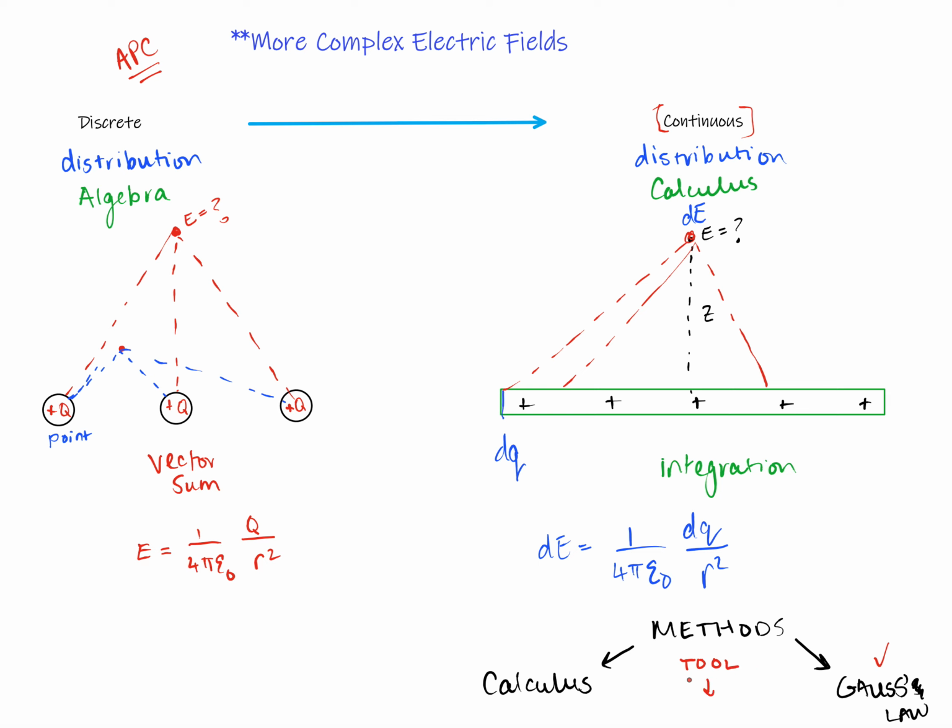And that tool, or that concept, is known as electric flux. And so electric flux is going to be the tool that is used as part of Gauss's law as a method for determining the electric field at a particular point across a charge distribution.